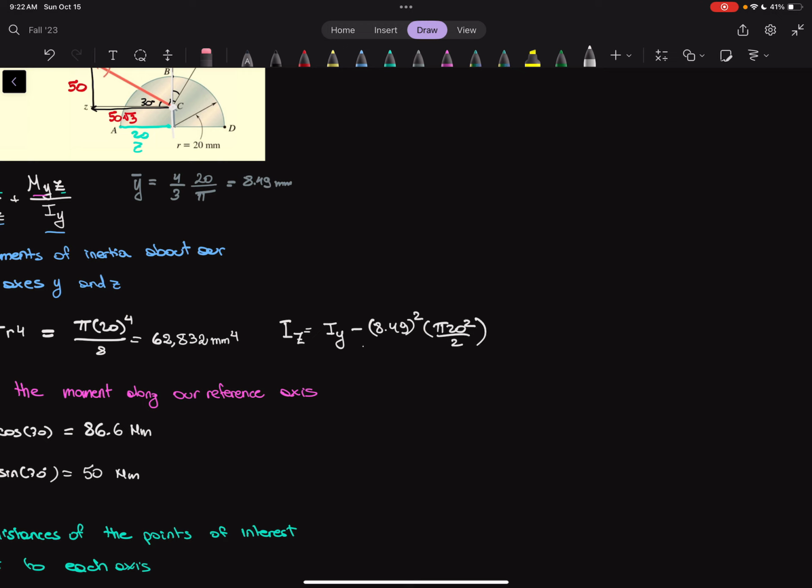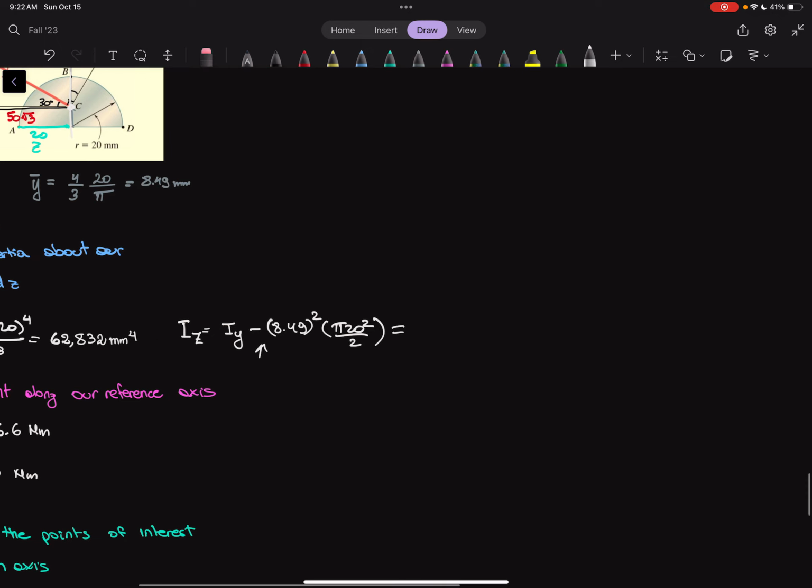And the reason why we're subtracting is because we're getting closer to the actual center, so our moment area of inertia is going to diminish because the overall distribution of area around the centroid is at an average of less distance on average.